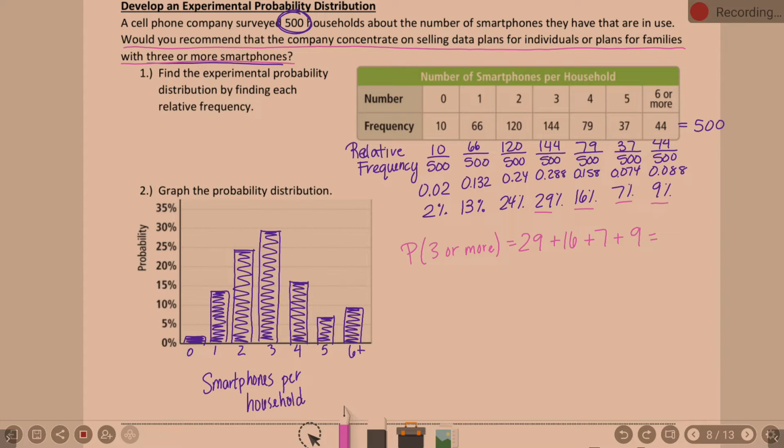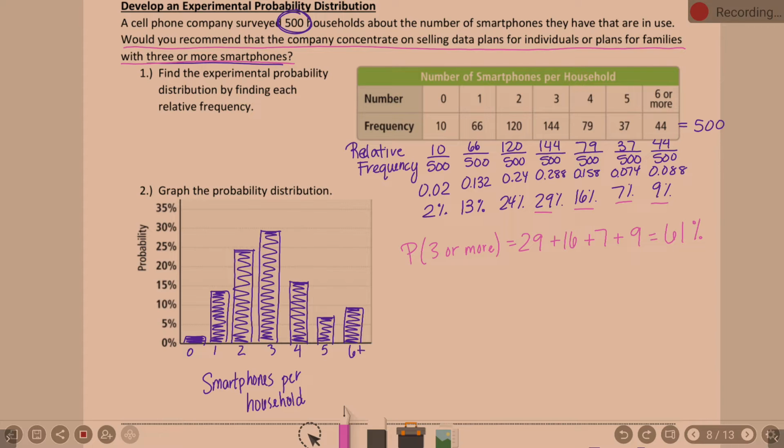What do those values add up to be? 61? Okay. So probability of 3 or more, when you add up the 3, 4, 5, and 6 or more, is at 61%.